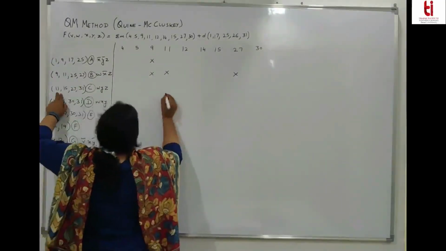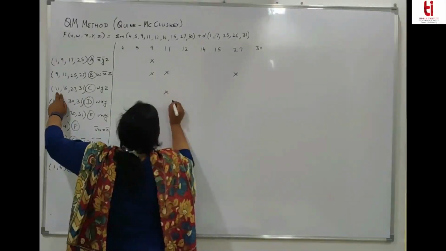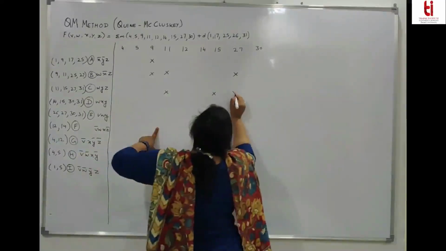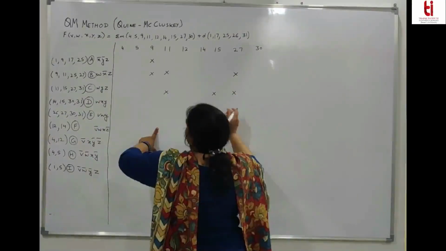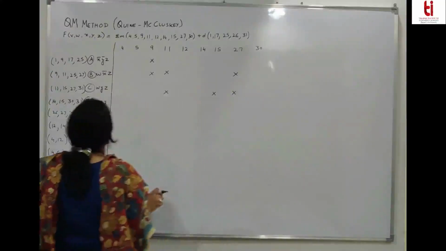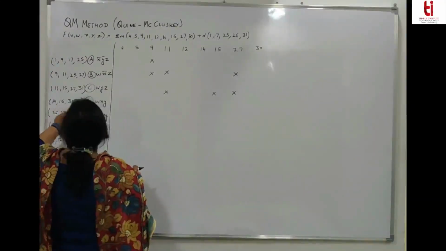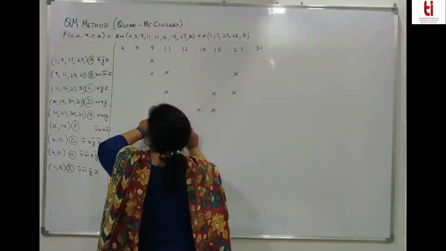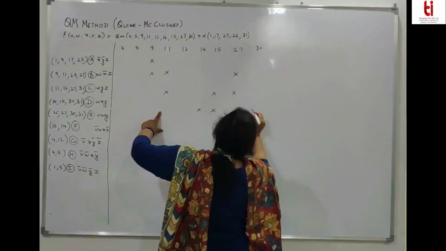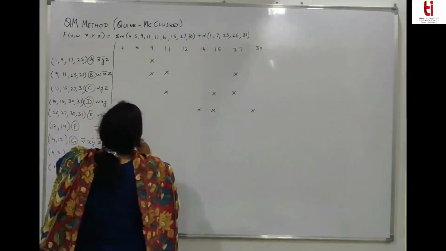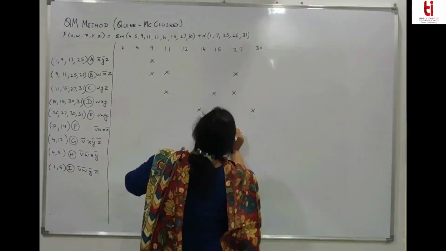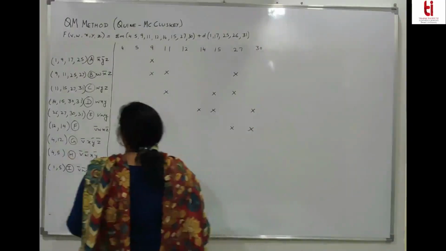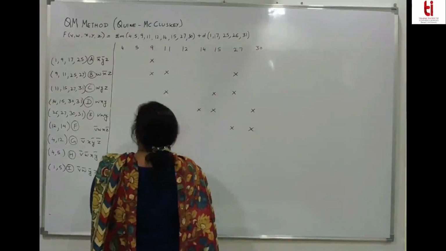Then 11, 15, 27, 31, 14, 15, 30, 31, 26, 27, 30, 31, 12 and 14.